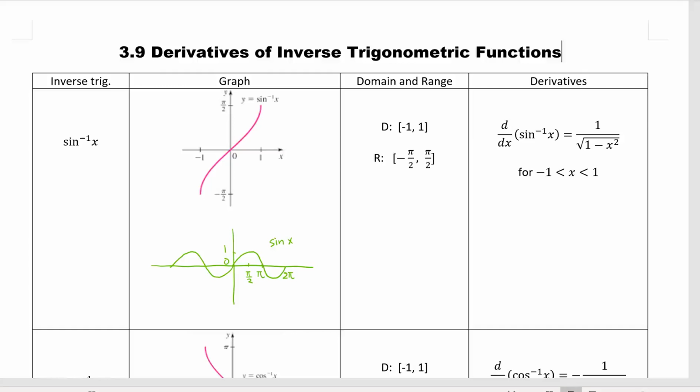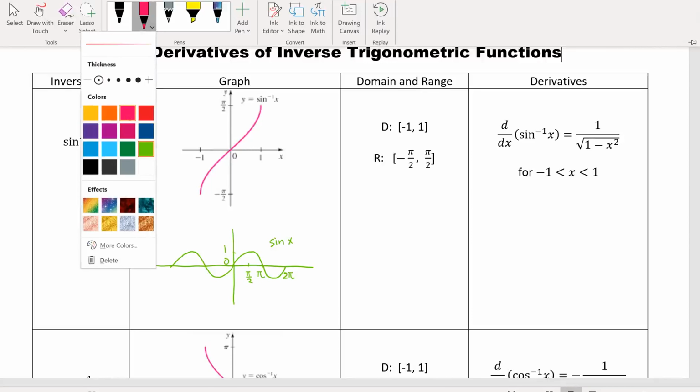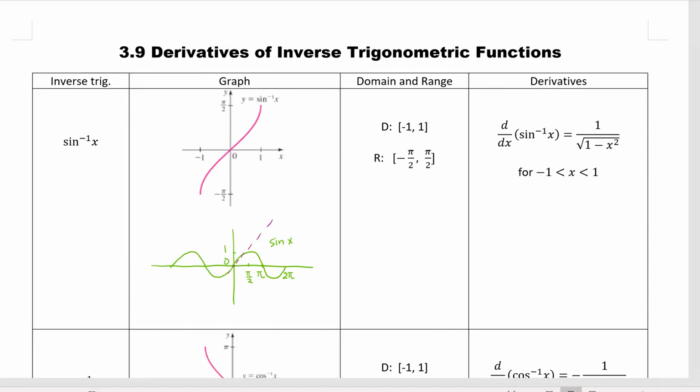How do we get arcsine of x? We know the property of inverse functions is that they are mirror images across the line y equals x. Let's say y equals x is here.